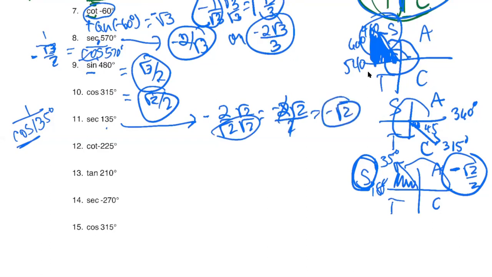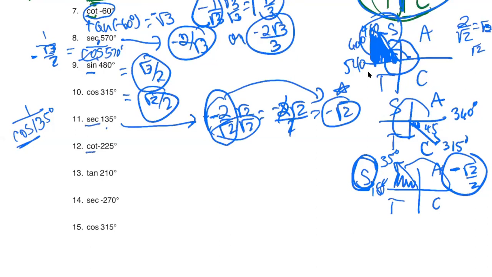So this answer and this answer are exactly the same, but this one looks cleaner. I'll accept either one, but just know when I have a number over itself like this, I'll usually flip it over, and it rationalizes to just this little square root of 2. It's really ugly. All right, so double check on secant, you flipped it over.